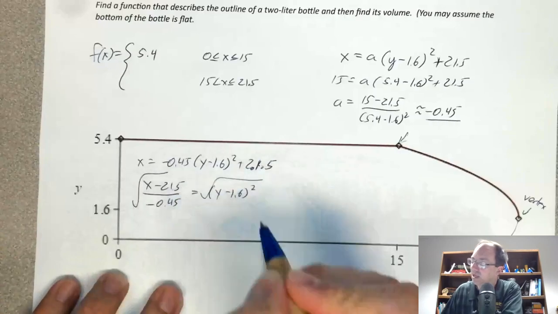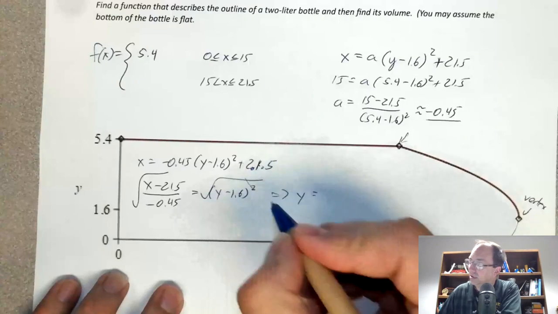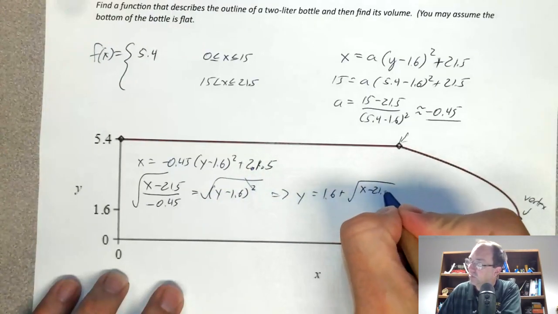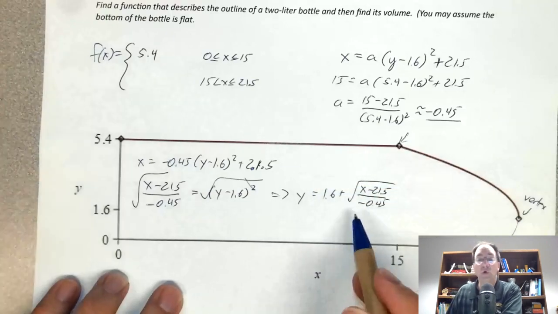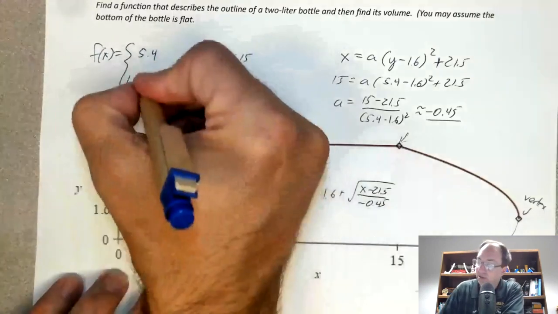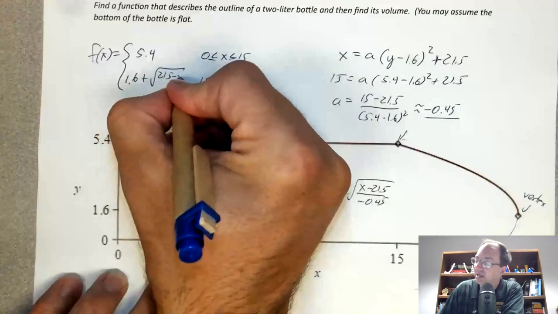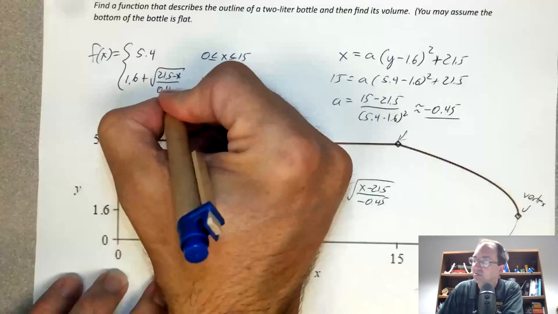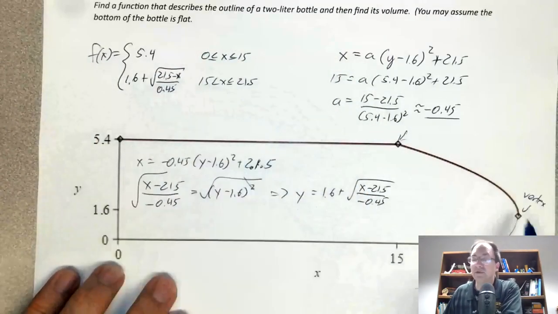Then we can square root both sides, and so I get y equals 1.6 plus the square root of x minus 21.5 over negative 0.45. Or if we wanted to clean this up a little more, we could write 1.6 plus the square root of, let me move that, 21.5 minus x, and that gets rid of the negative sign, over 0.45. So this function will describe this outline.